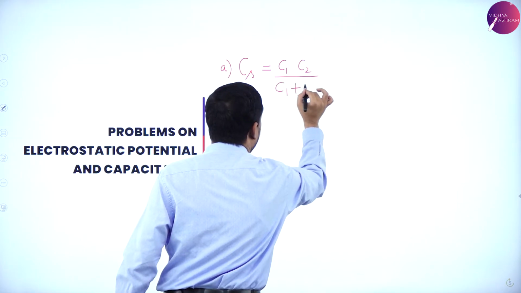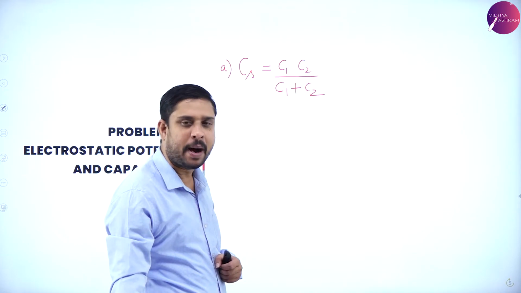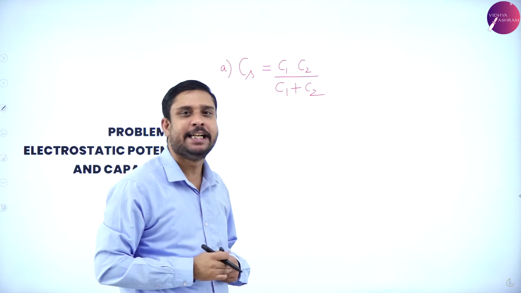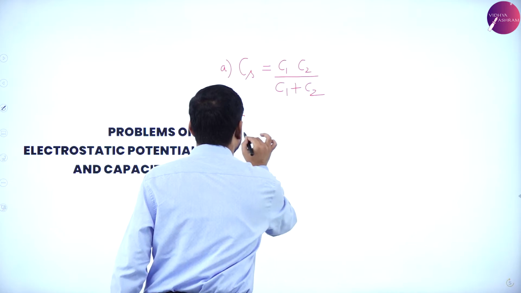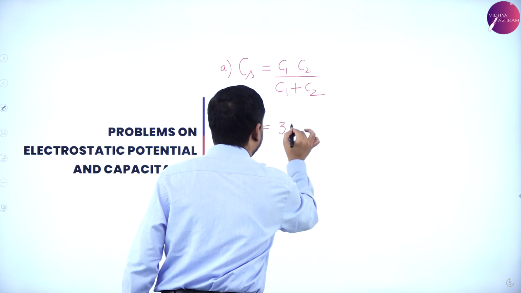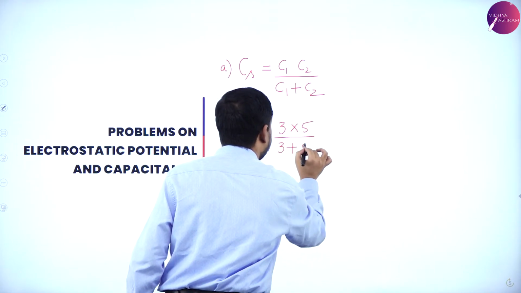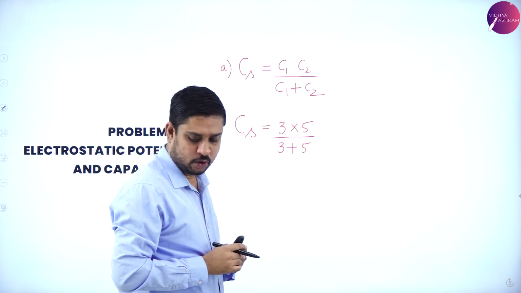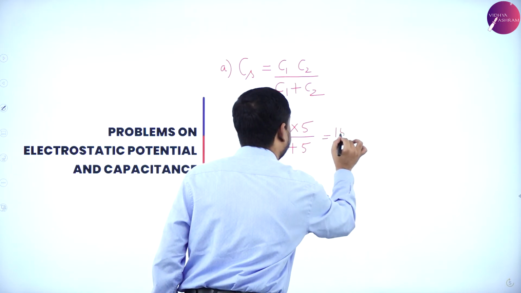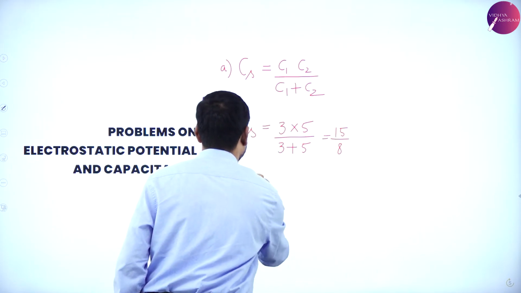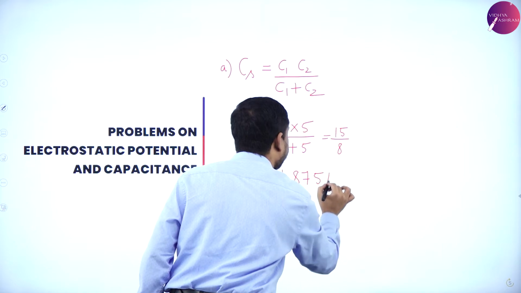So, CS equals C1 C2 divided by C1 plus C2. On substitution, 3 into 5 by 3 plus 5, which turns out to be 15 by 8. So this is 1.875 microfarad.